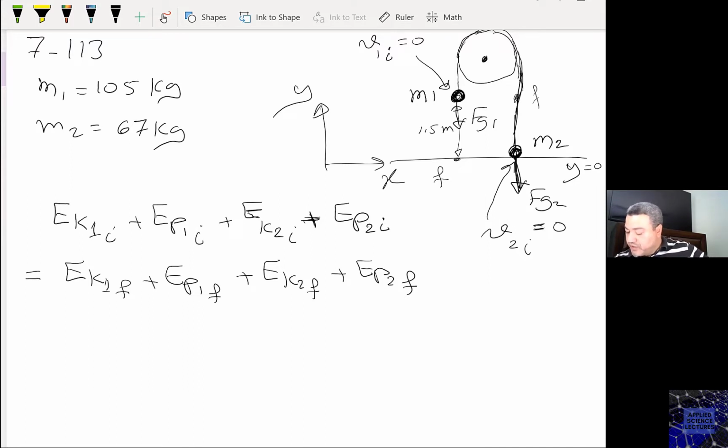while paying attention that the initial kinetic energy for both of them, because they were at rest, will be zero. So I have here velocity 0, then EK1 initial is 0. I have this guy also, EK2 initial as being 0. What else? This one is the start. When he was here, the initial, he was at the reference.